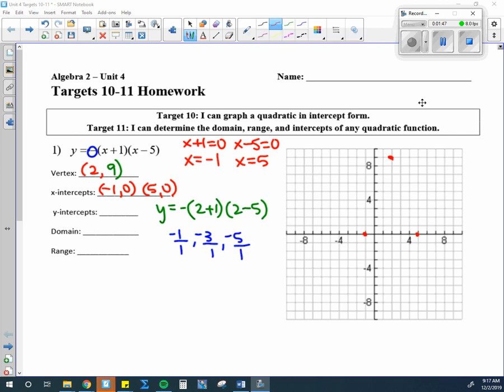So I'm going to start at that vertex and go down 1 over 1, down 3 over 1, down 5 over 1, which takes me to my x-intercept. I can actually go a little bit further. I can go down 7 over 1, and then I'll have a full graph there. And I'll go and connect my points.